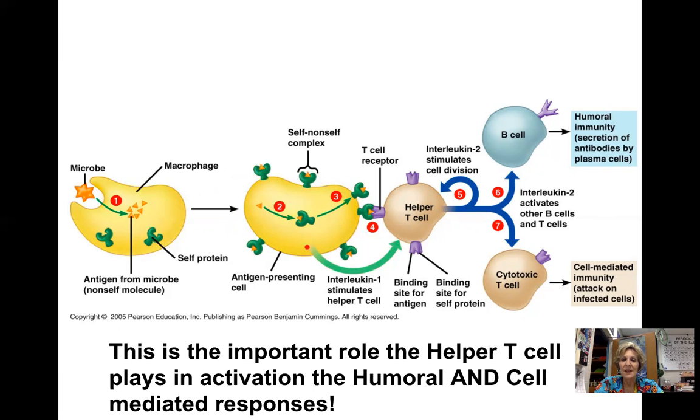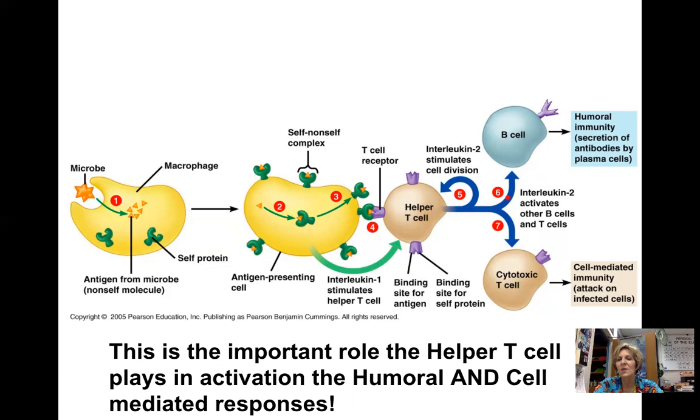And then what happens is the interleukin-1, which is a cytokine, helps to stimulate the helper T cell to be activated. And this is like the secret handshake between this MHC receptor on the outside of the antigen presenting cell and the helper T cell's receptor that's called the CD4. Once that secret handshake bonds, that stimulates more interleukin-2 to stimulate more of these helper T cells that have been activated.